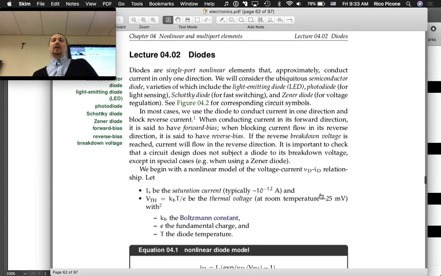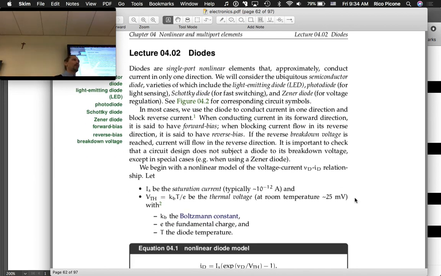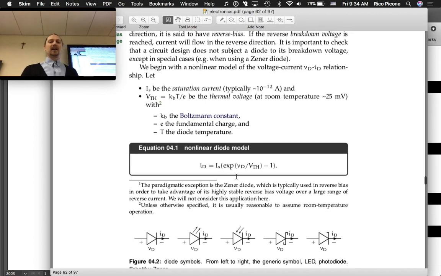Okay, then we talked about diodes, which is our first nonlinear element, right? 1 port, so it's got 2 wires sticking out of it. And the main idea is that current's only flowing in one direction, right? It's going to block current from flowing the other direction. And that is a very nonlinear thing. And this nonlinear diode model is pretty good. But it doesn't even have the breakdown voltage as part of it, right?